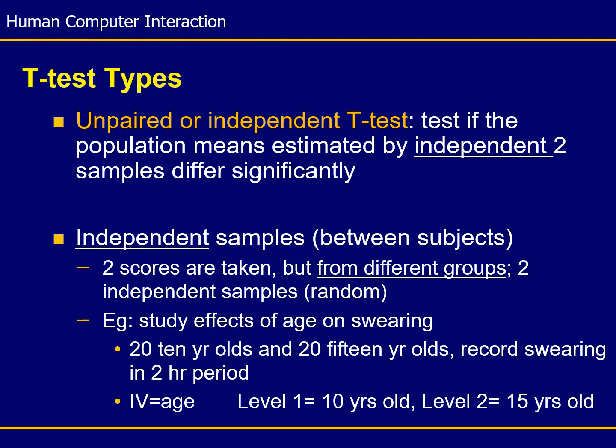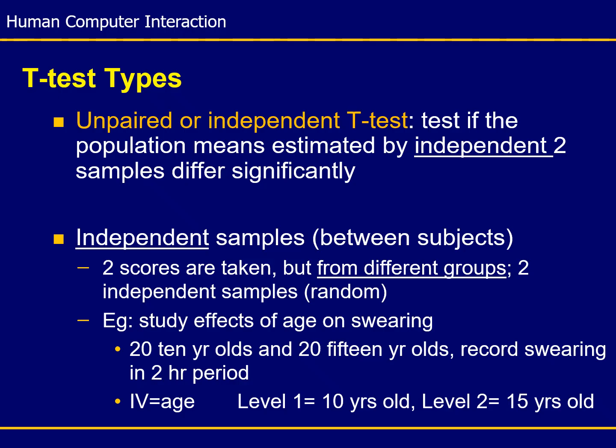For example, if you look at the example at the bottom, it says study effects of age on swearing. The assumption here is that there is a relation between how old or how young someone is and the language they use. So you get 20 10-year-olds and 20 15-year-olds.